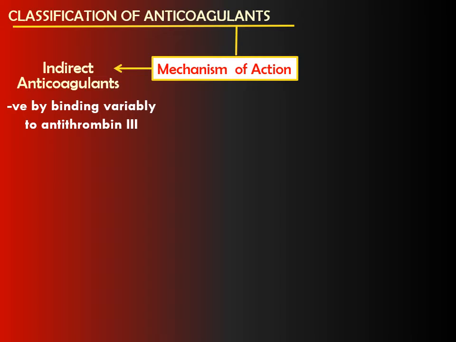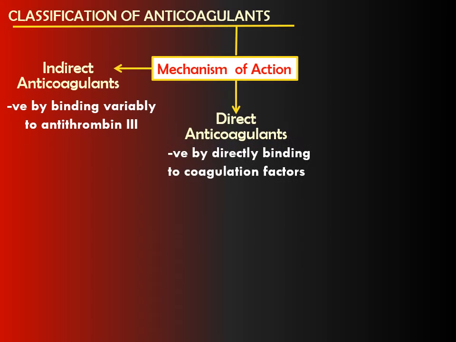No, they inhibit through binding to antithrombin 3, an endogenous antithrombin 3, which normally inhibits the coagulation factors, but binding of these indirect anticoagulants to antithrombin 3 will accelerate and potentiate its effect on inhibition of thrombin and coagulation factors.